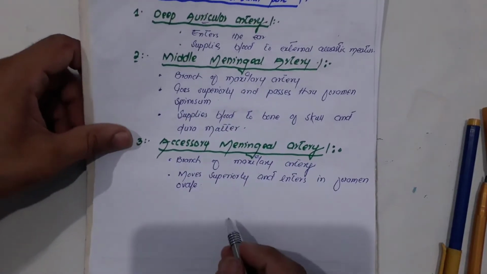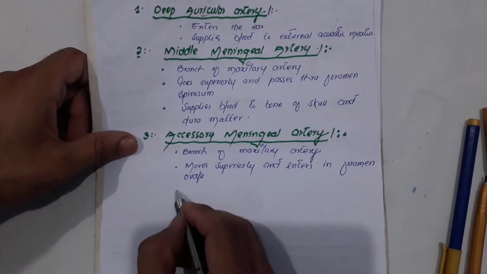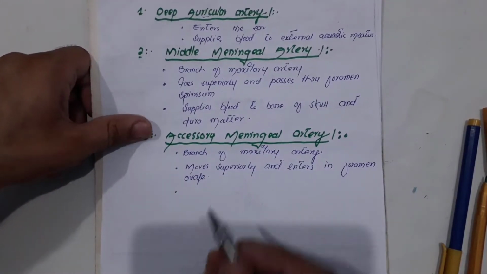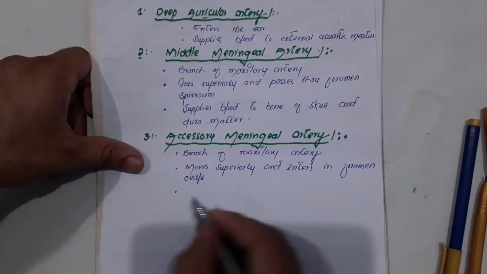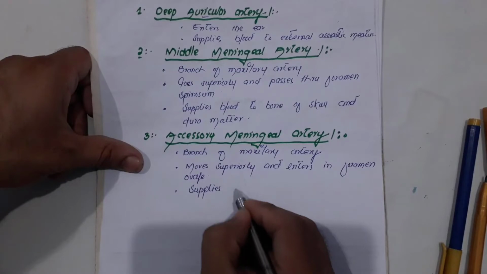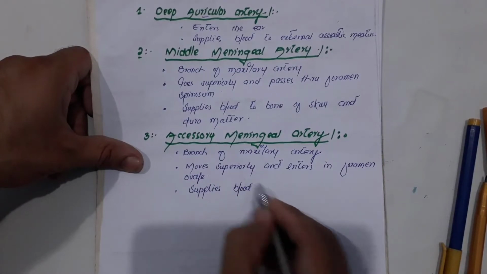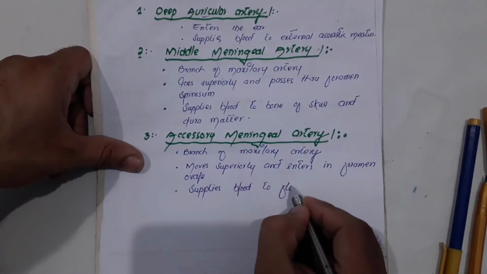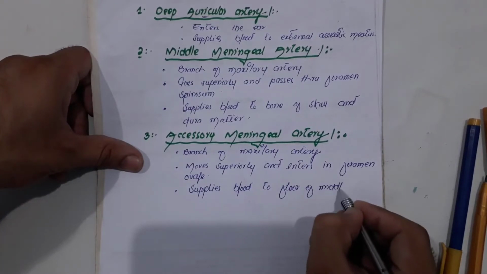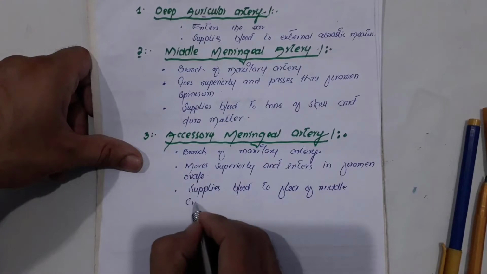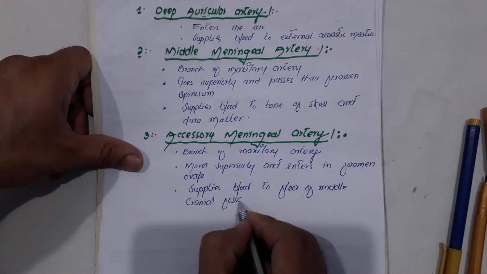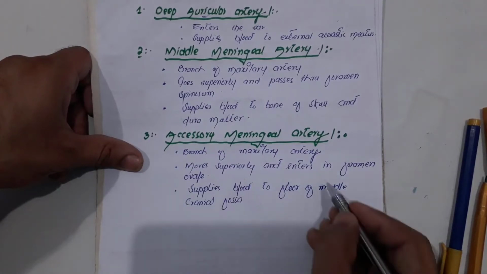When it enters the foramen ovale, where does it go? It supplies blood to the floor of the middle cranial fossa, to different parts. Let me write here: it supplies blood to the floor of the middle cranial fossa, right? This is the first one.